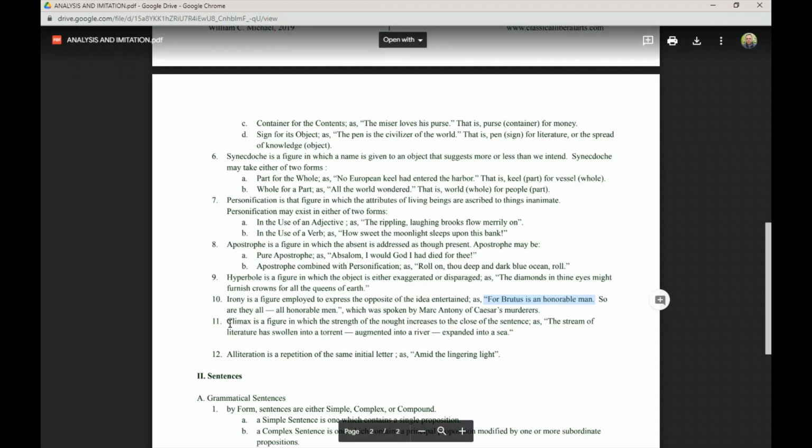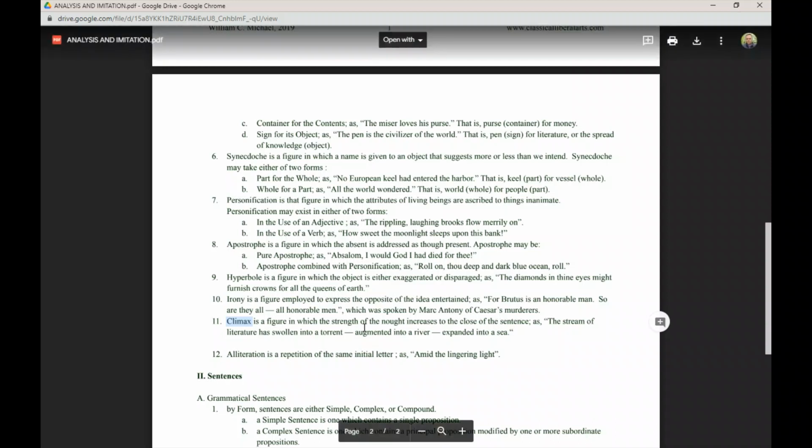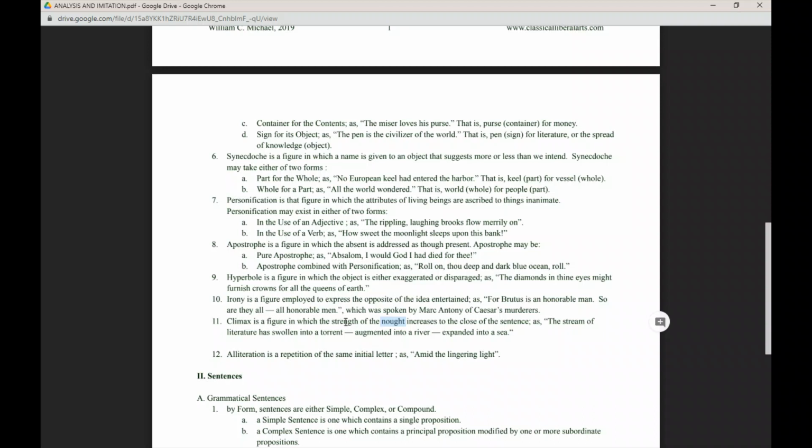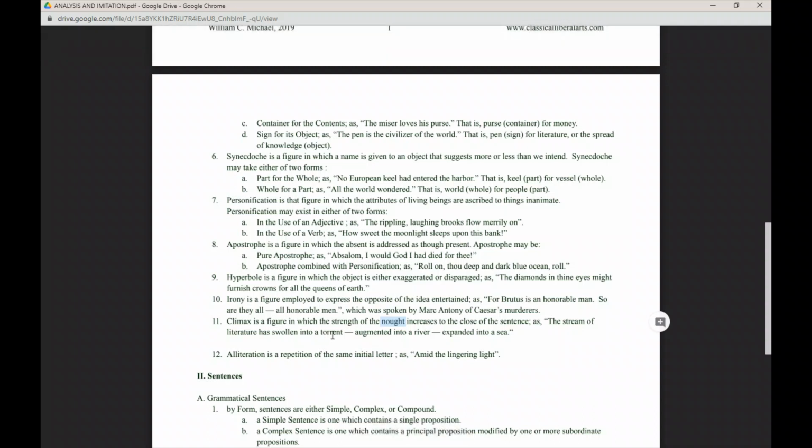11th, climax. Climax is a figure in which the strength of the thought increases to the close of the sentence. And we have an example. The stream of literature has swollen into a torrent, augmented into a river, expanded into a sea.